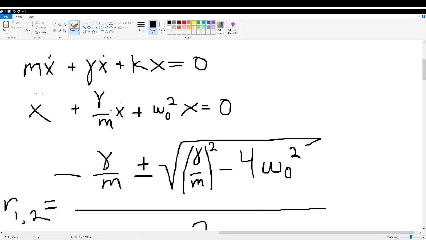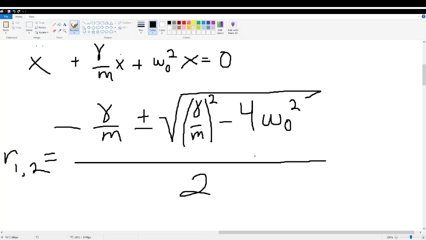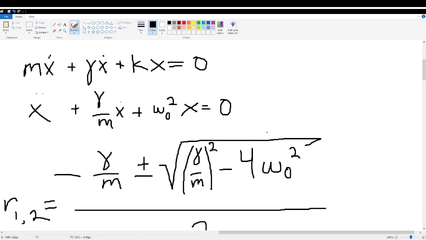Now, I argue that instead of having this term right here, it would be nice to first of all get rid of this 2 and this 4. So why don't I have a new term? Let's call this lambda, where it's equal to gamma over m, right?